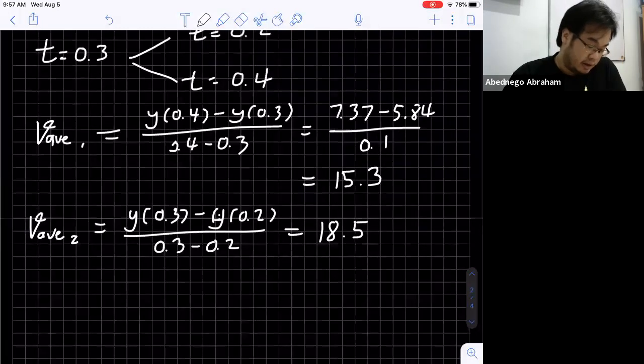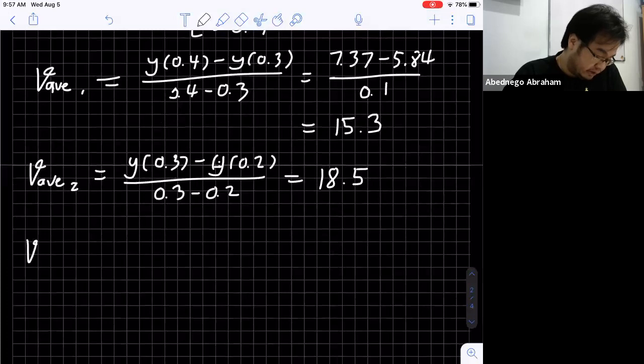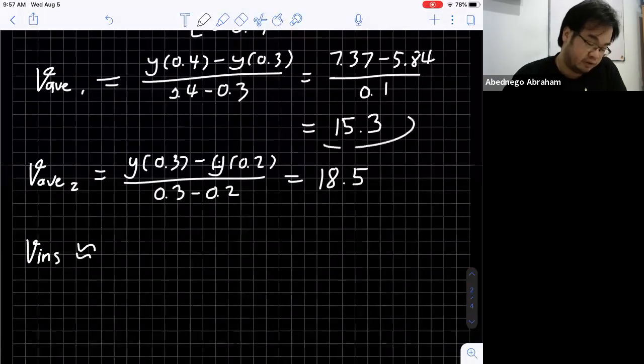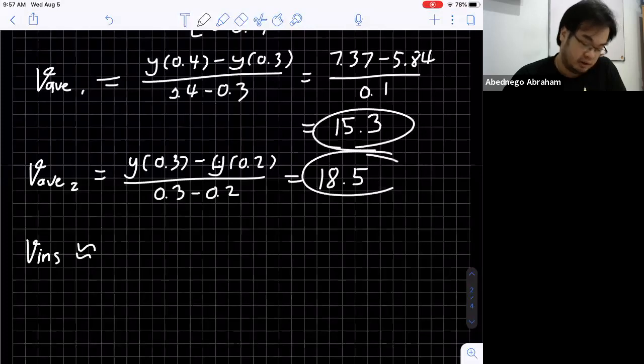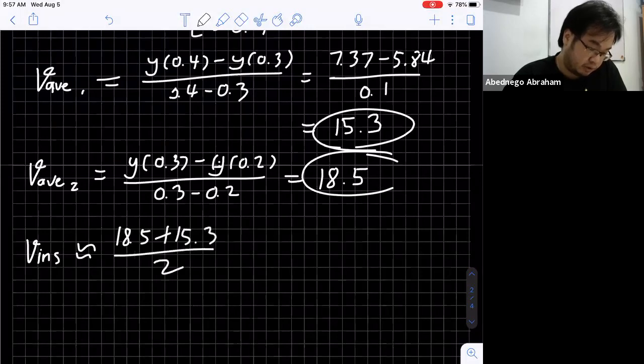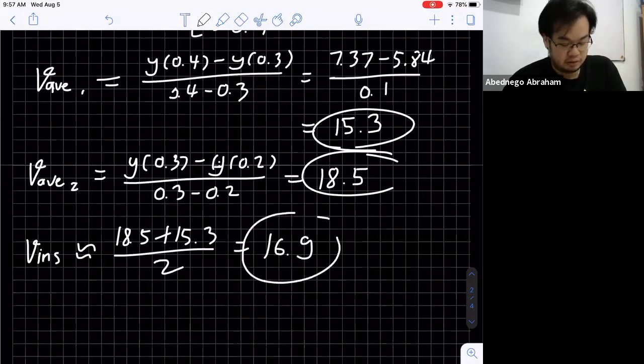And then the instantaneous rate of change, we will get from the average of the first one and the second one. So you just need to find the average, which is 18.5 plus 15.3 divided by 2. So it's equal to 16.9. So this will be the estimated value of the instantaneous rate of change.